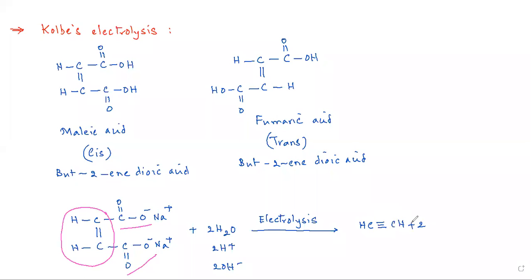Acetylene and carbon dioxide are formed at anode, sodium hydroxide and hydrogen are formed at cathode. So this is Kolbe electrolysis.